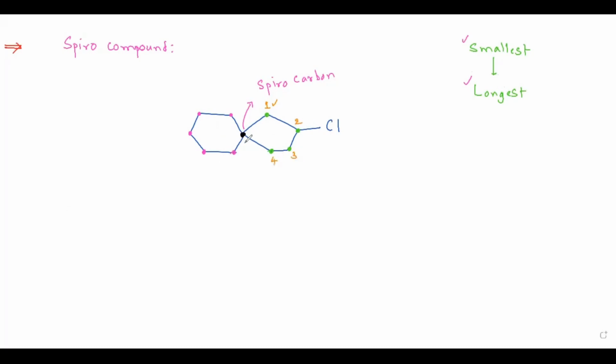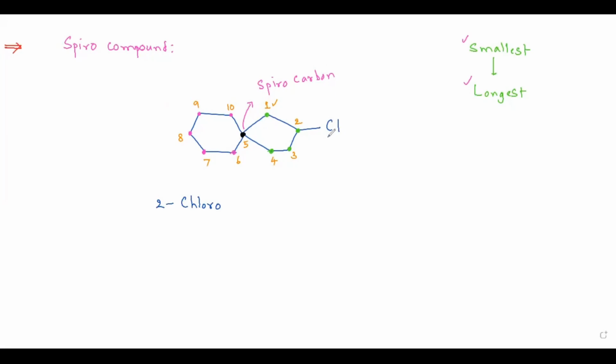Yes. Now to the spiro. No problem, you can go this way or this way because you don't have any substituent or functional group. I just go with this. Doesn't make any difference. Yes, we are done. See, at the second carbon, there is a substituent, 2-chloro.